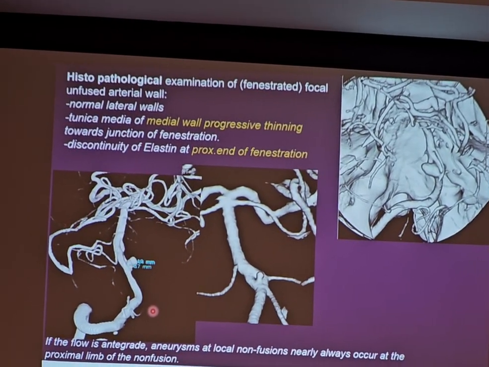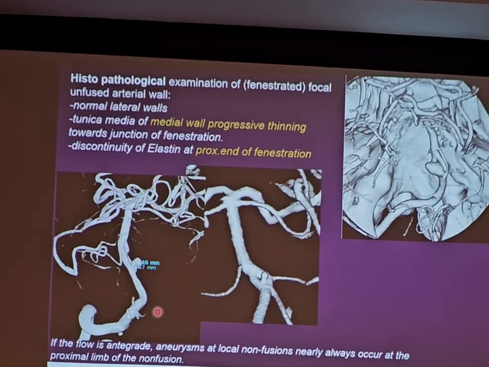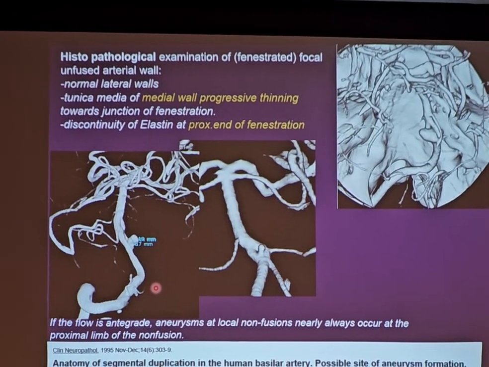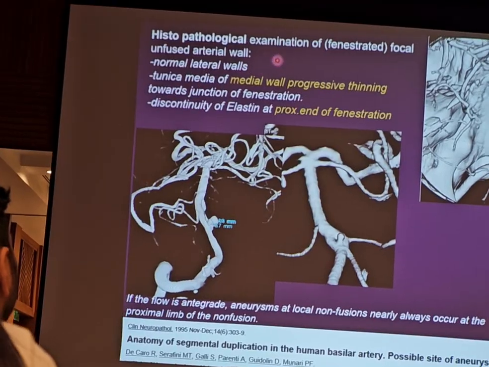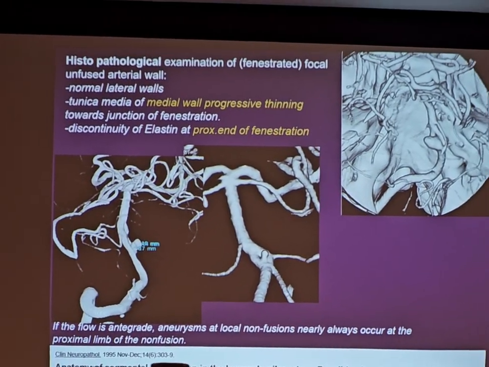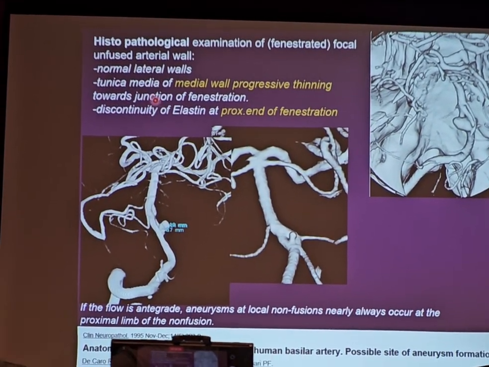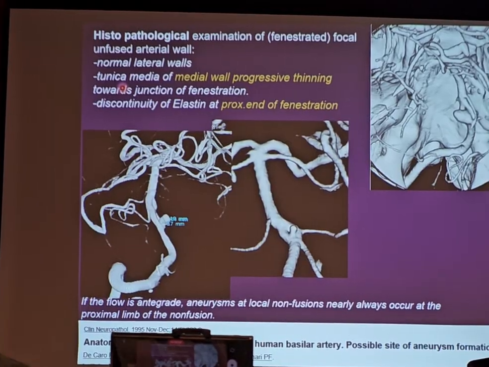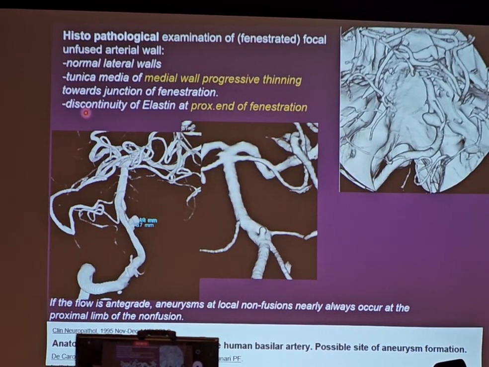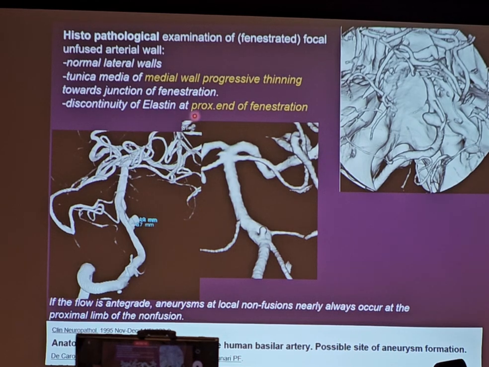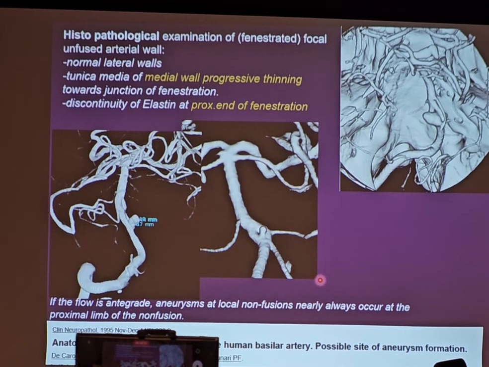So at least it's probably not a full explanation of every single one, but at least we managed to separate into 4 groups. What is the importance of, for example, a midline non-fused segment? Because the wall is not complete by then. Histopathologically, the tunica media of the medial wall progressively thins, with discontinuity of elastin at the proximal end of the fenestration.